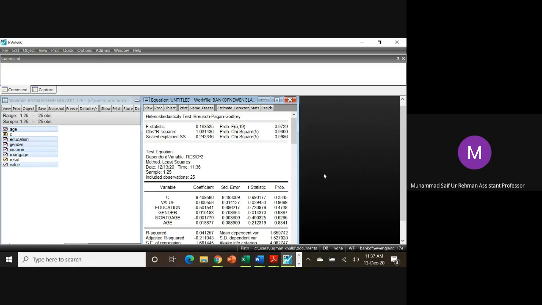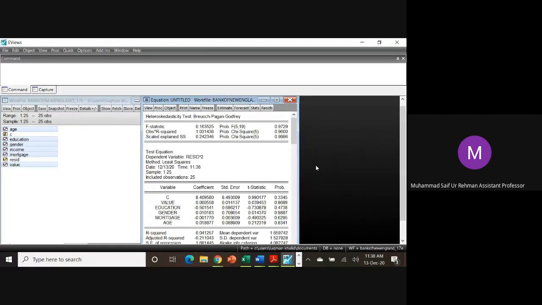But if this value was less than 5%, 0.96 is there, but if it was less than 5%, then there was a problem of heteroscedasticity. So if in some case you see that this value is less than 5%, then you will go for the removal of heteroscedasticity. Now how can we remove heteroscedasticity if it is there in the model?